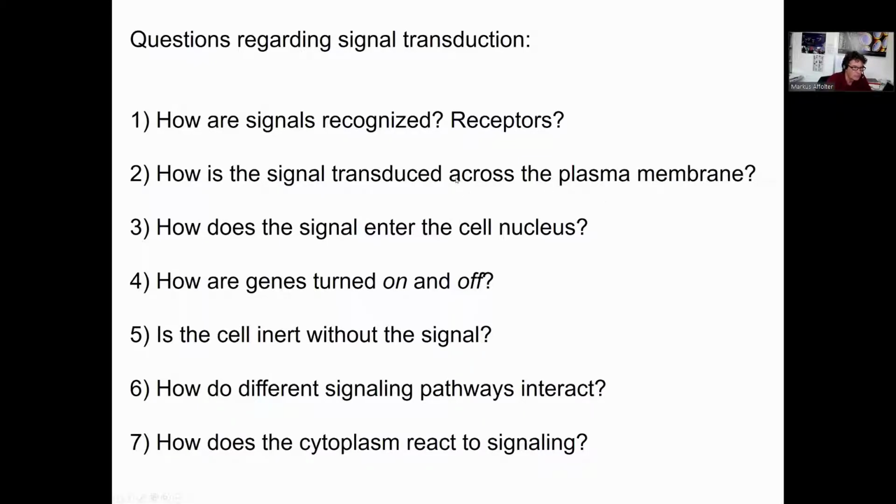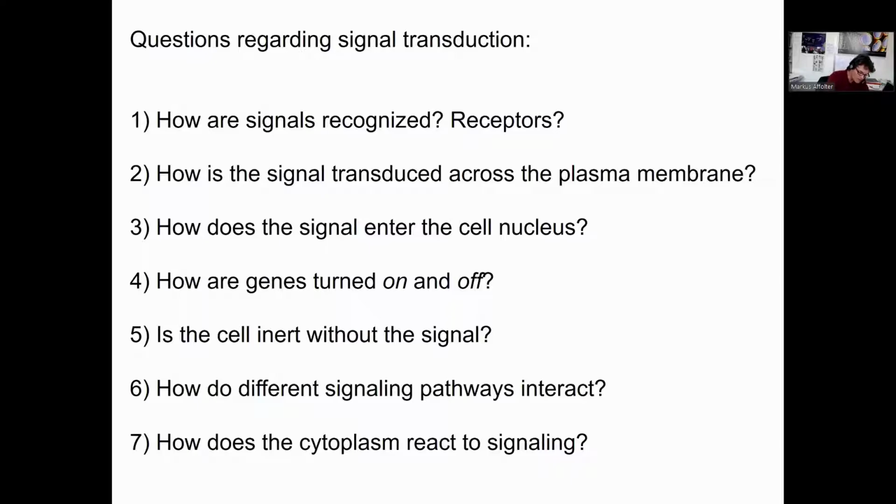This is different in each of these signaling pathways, but we only talk about TGF-beta signaling. Then maybe the cytoplasm realizes that something has happened, but that is not enough for most pathways. The signal has to go into the nucleus.